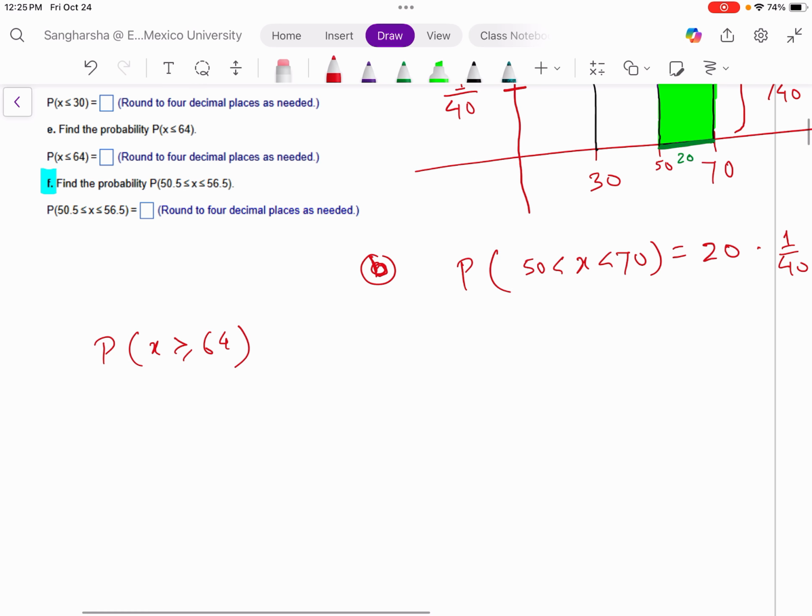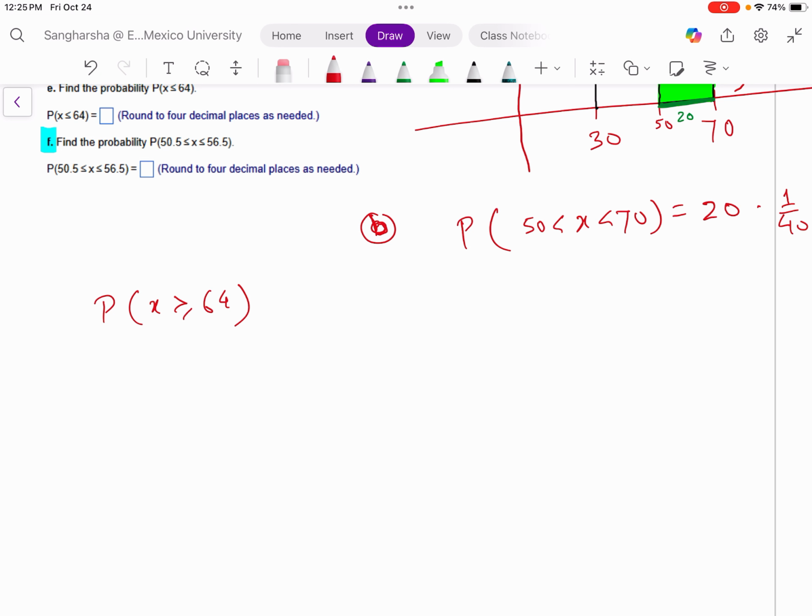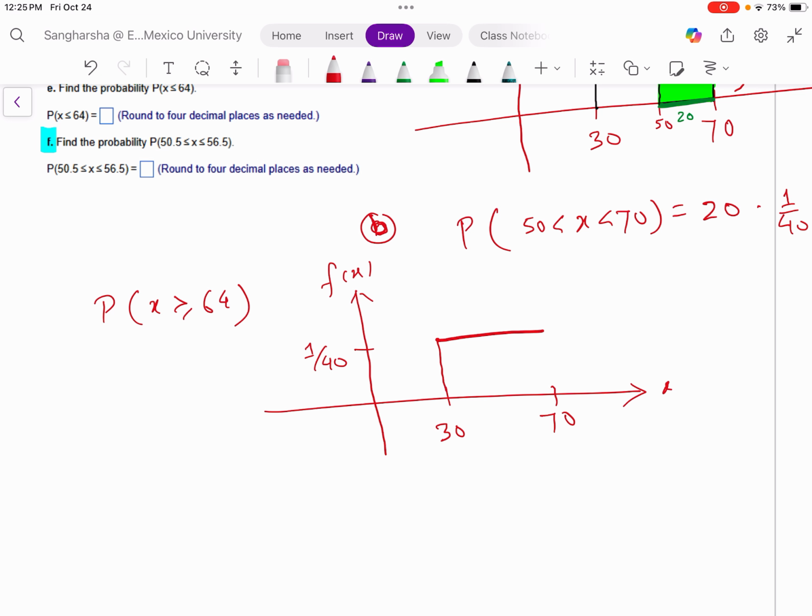We are using the same function, the same distribution. So let me go ahead and draw the same graph here. This is our x, this is our f of x. We have 1 over 40 here. Our c is 30, d is 70, and we have this rectangular shape.